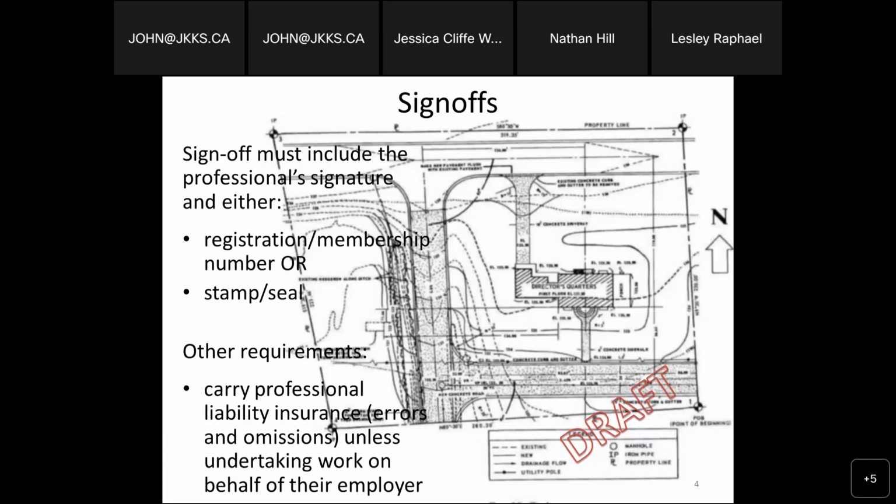It's not a stamped, sealed document by an architect or an engineer. It could be a drawing or a schematic sketch, as a matter of fact, as it could be put together by an architect or an engineer, but certainly in this case, it's clearly marked as a draft.